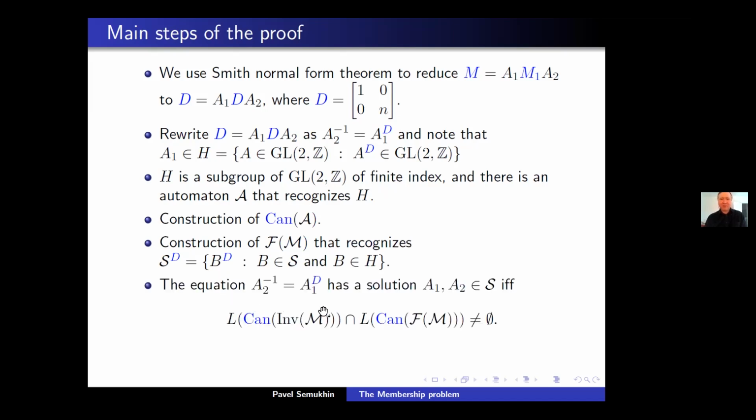And then we used this equivalence: such an equation has a solution in S if and only if the intersection of these two regular languages is not empty. And this is how we can prove the base case of this theorem, and the other cases go by induction. And that's the end of my talk. Thank you.